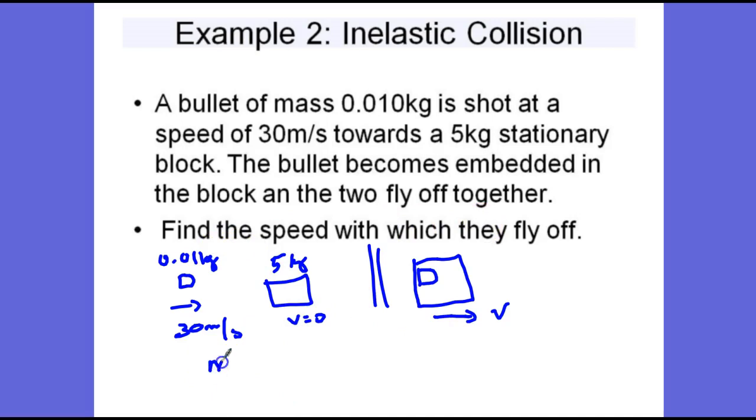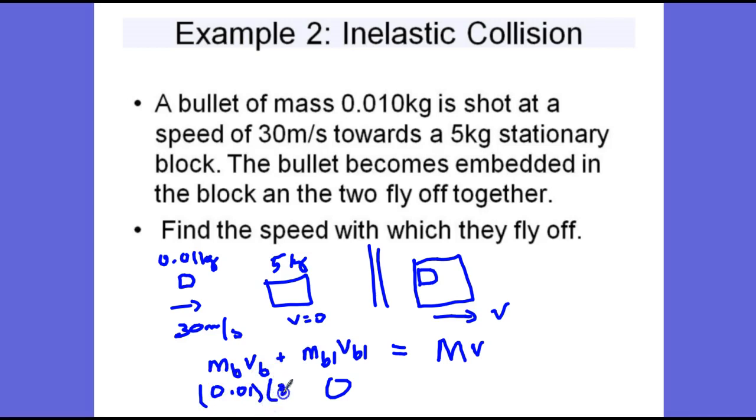So I'm going to have the mass of the bullet times the velocity of the bullet plus the mass of the block times the velocity of the block, and on this side that's 0, equals the total mass of everything times its velocity. So I have the bullet mass, 0.01, times its velocity, which is 30, plus 0, equals the total mass, which is 5.01 kilograms, times this unknown v.